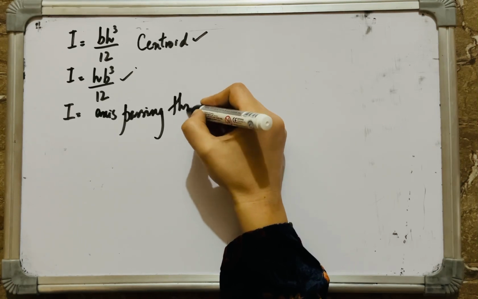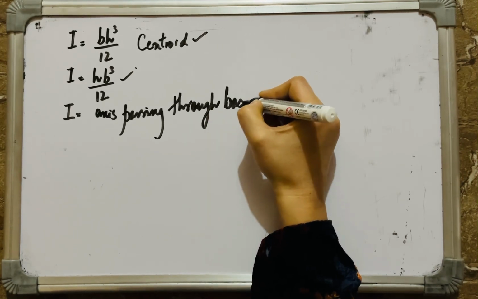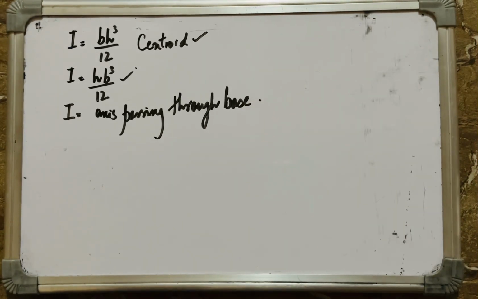Axis passing through base. I'm repeating once again, the moment of inertia of a rectangle about the centroidal axis is given by bh cubed by 12, where b is the width and h is the height. The moment of inertia of the same rectangle about the centroidal axis but perpendicular to the base is given by hb cubed by 12.